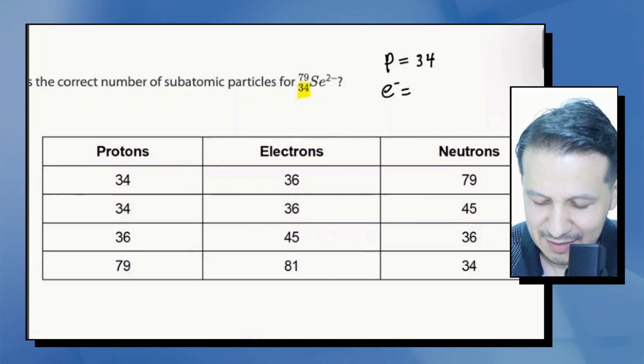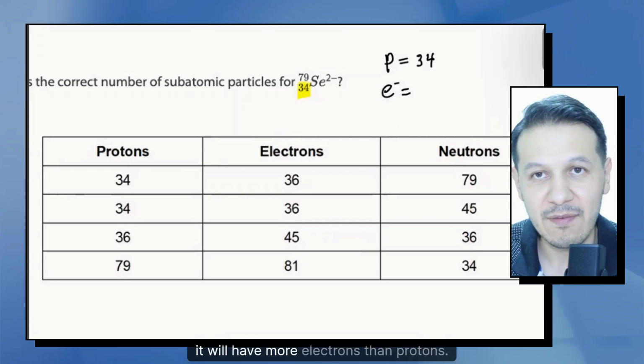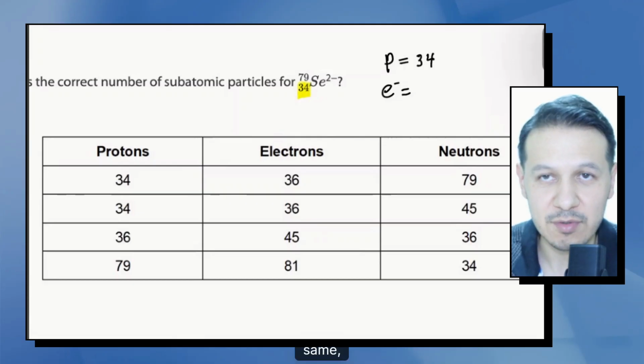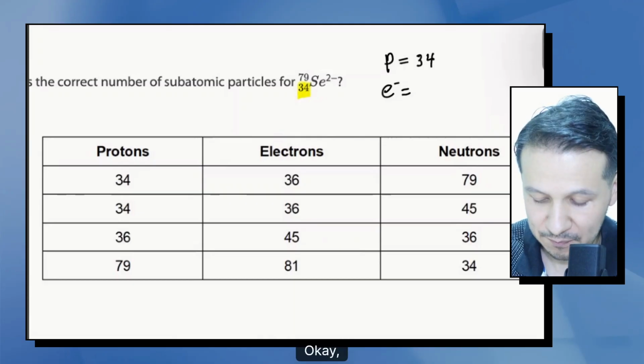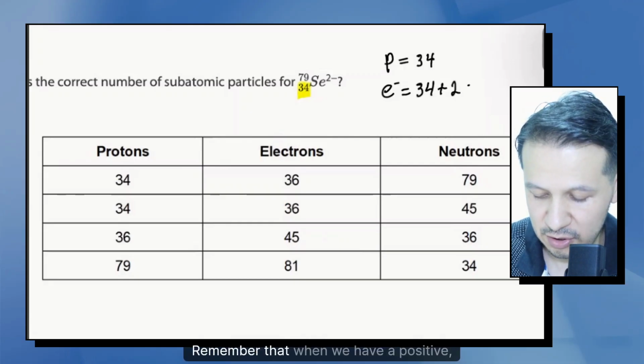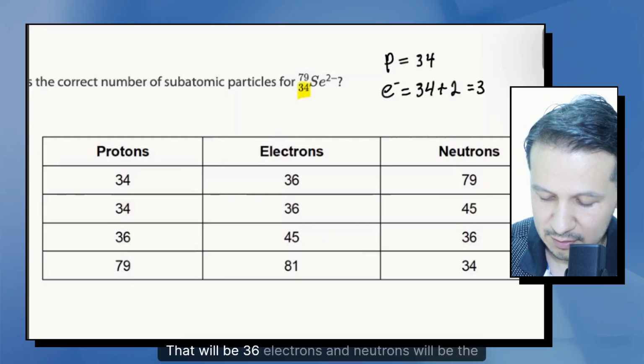Remember that if the atom has a negative charge, it will have more electrons than protons. If the number of protons and electrons is the same, the charge is 0. So it will be 34 plus 2, because it's a negative charge. Remember that when we have a positive charge, we subtract. That will be 36 electrons.